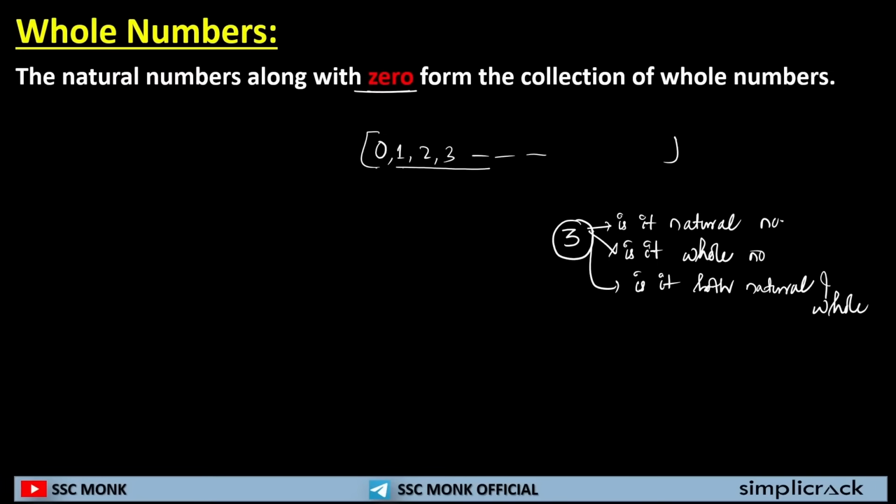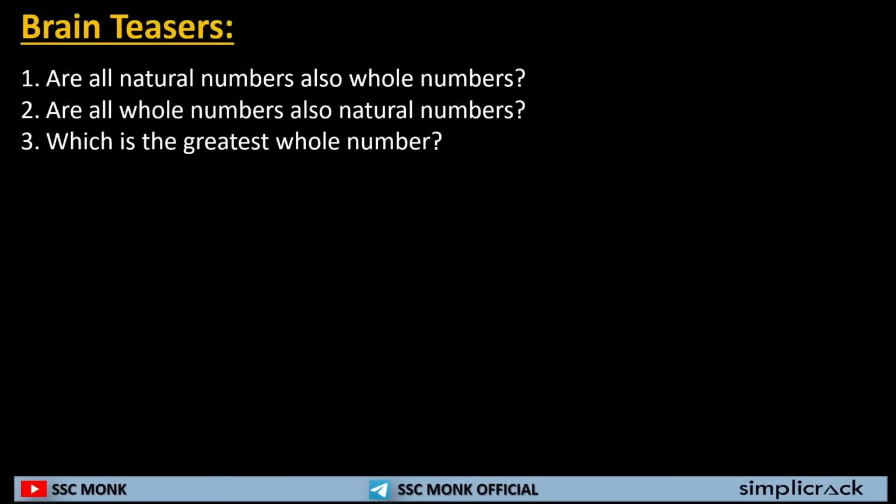Now what will you say? Sir, 3 is a natural number. That is correct. 3 is also a whole number. That means 3 is both natural and whole number. Now you can't say this for 0, because 0 is not a natural number, but 0 is a whole number. Okay? Clear? Sorted? Simple? Next.